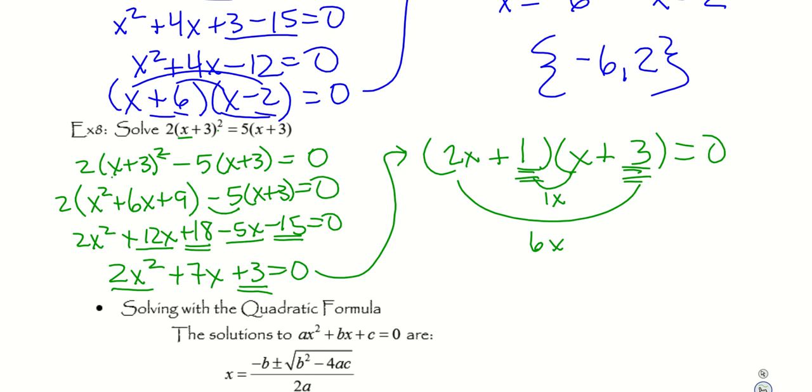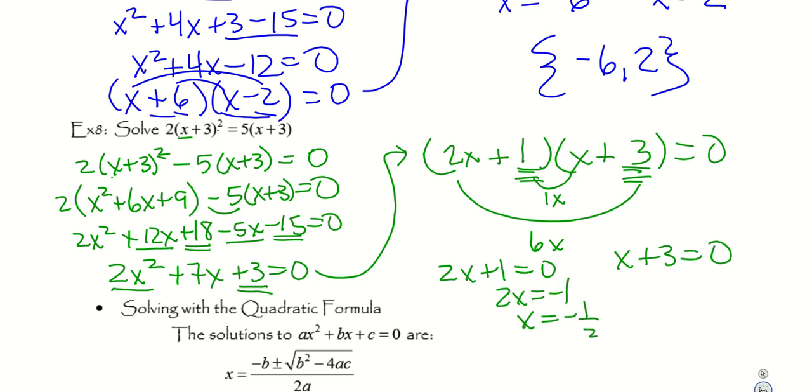So that works. I'm going to take each factor, set it equal to 0, solve for x, and I have two solutions, negative 1/2 and negative 3.